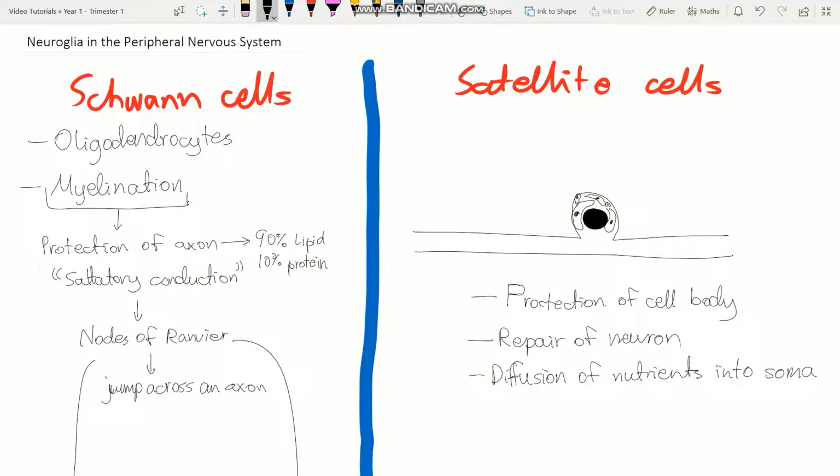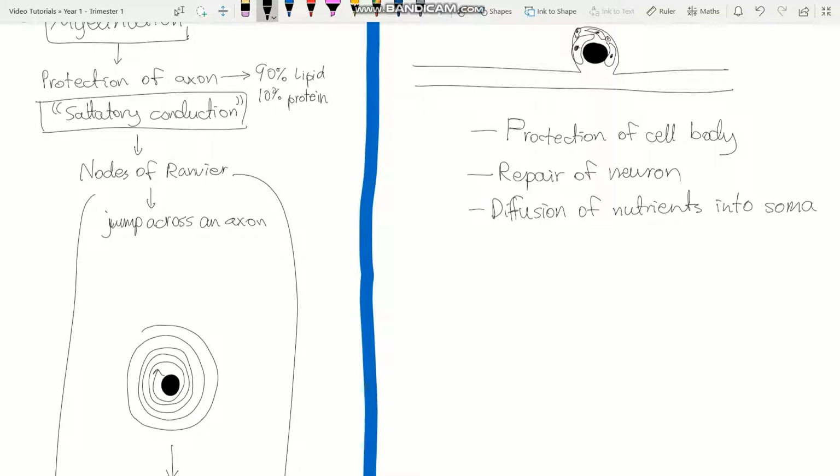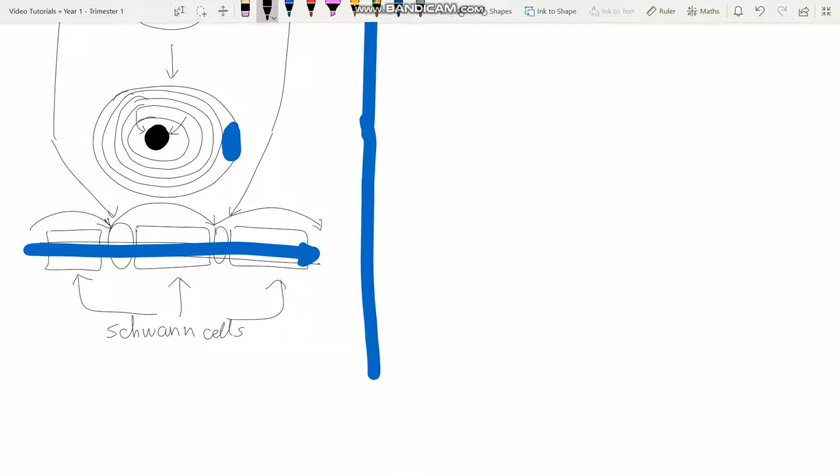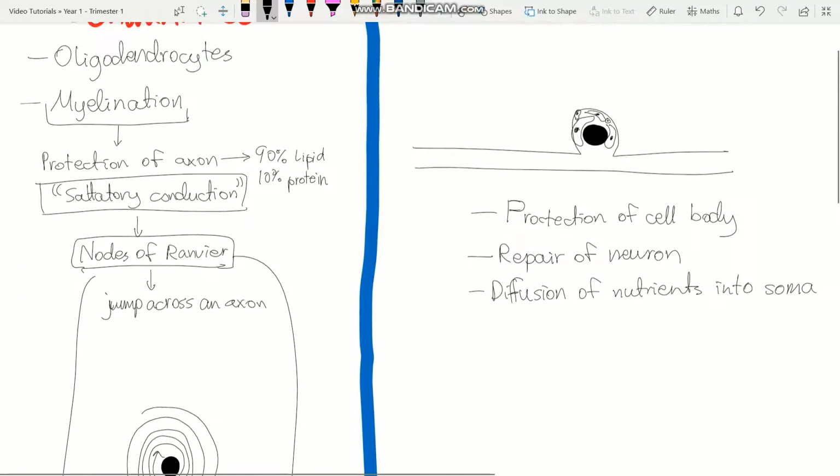And this myelination allows for saltatory conduction as well, which is through the formation of nodes of Ranvier. These nodes of Ranvier are the spaces that are formed between the Schwann cells, which are denoted in this black, and allow for a nerve impulse to jump between these Schwann cells.